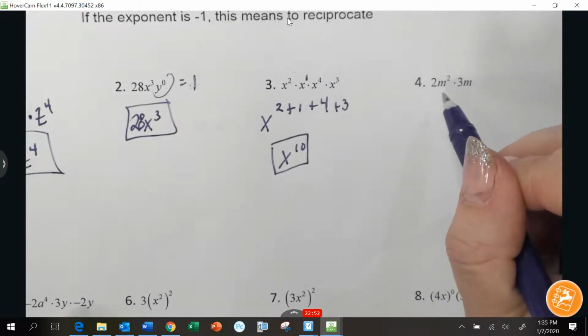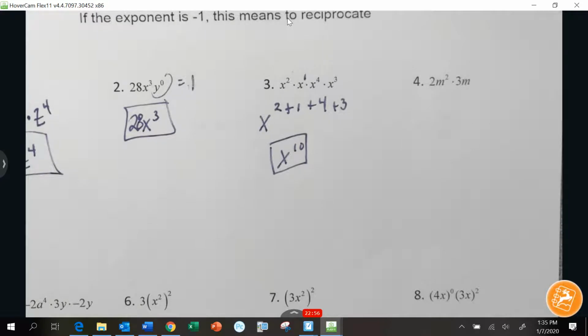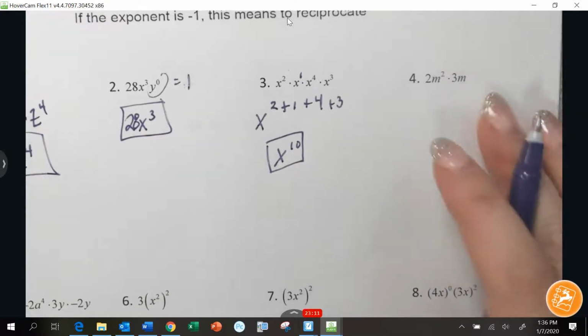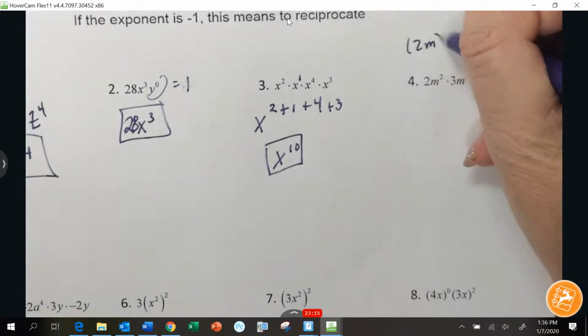For this one, what am I squaring? 2 and 8. No, it's 2. Am I squaring the 2? No, it's just the M. How would it look if I was also squaring the 2? Yeah, I would have parentheses.